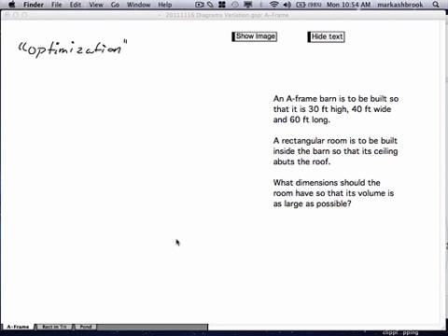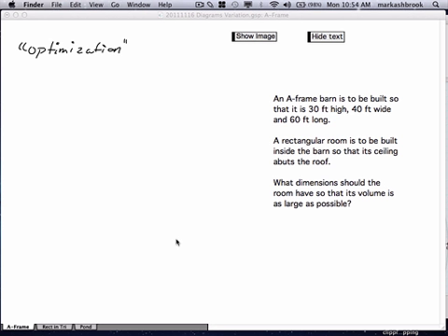What's a good strategy for getting started on this? Okay, draw it. So is the description enough for you to have an image of it so you can draw it? Go ahead, see if you can do it. An A-frame is basically like a triangular building.